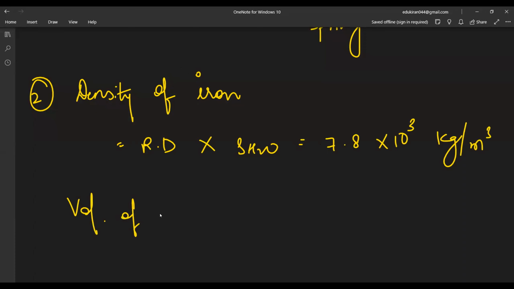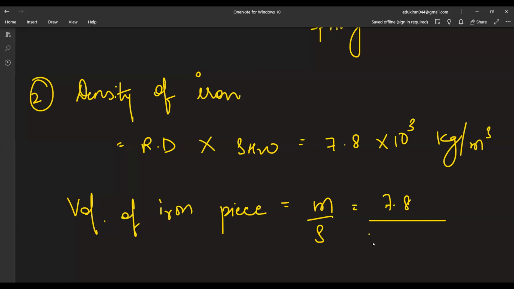So the volume of the iron piece is mass by density. Mass is 7.8, density is 7.8 into 10 to the power 3, so 7.8 will be cancelled. This will be 0.001 meter cube.